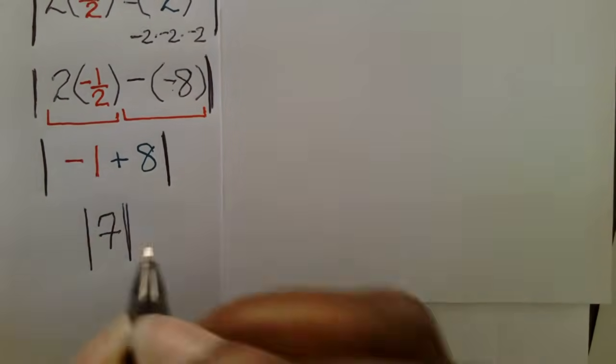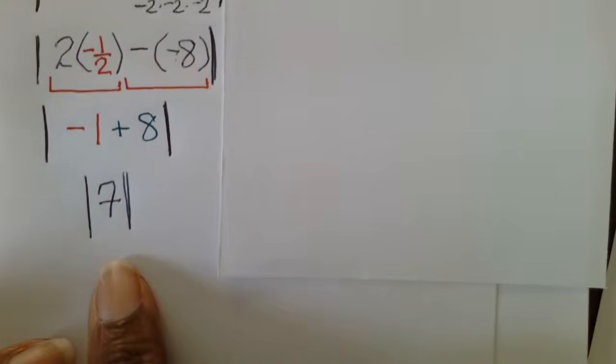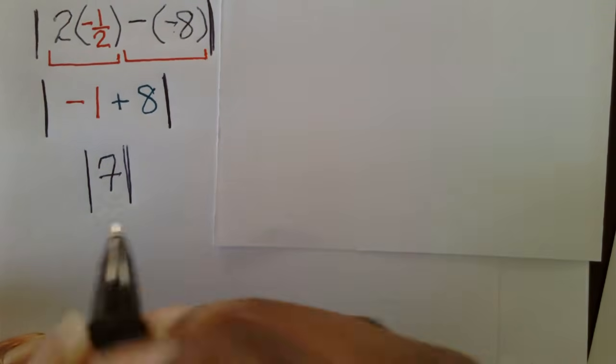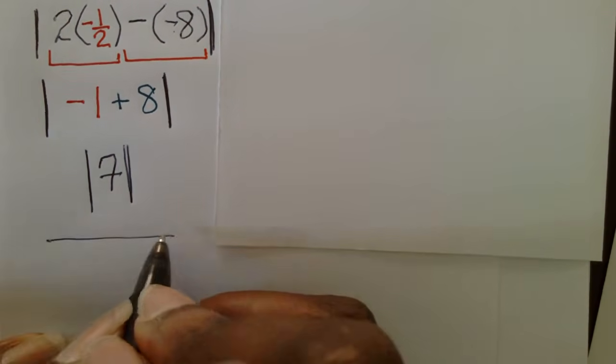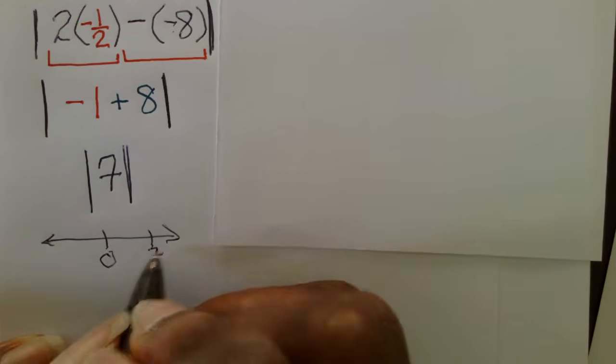And the thing that we need to know about absolute values is that they're always what? They're always positive. Okay? Because the absolute value is basically your distance away from 0.